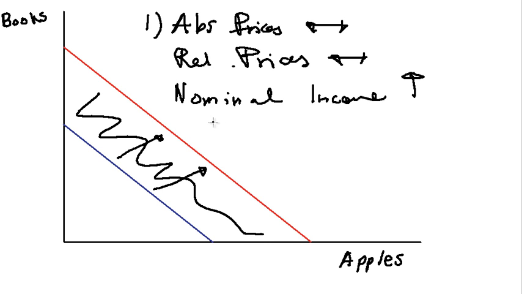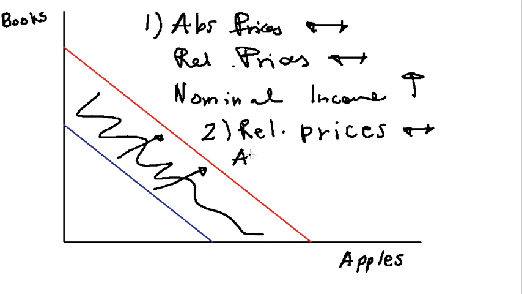The second interpretation is a bit different from the first one. In this interpretation, the relative prices stay the same as before, otherwise our budget lines would have different slopes. However, as opposed to the first interpretation where absolute prices stayed the same, in this interpretation, the absolute prices both decrease proportionally for apples and books in such a manner that keeps the relative prices the same.